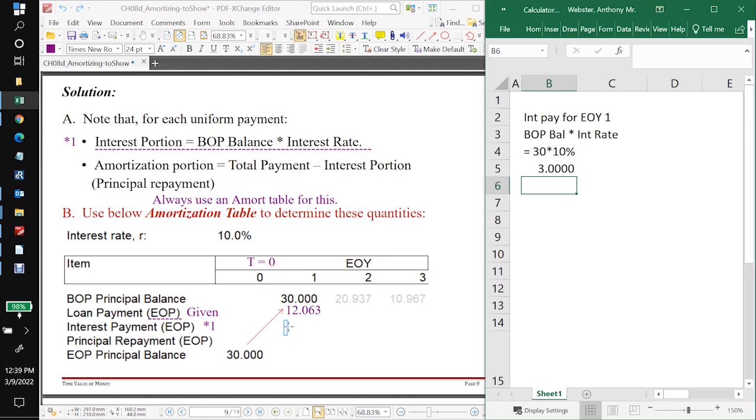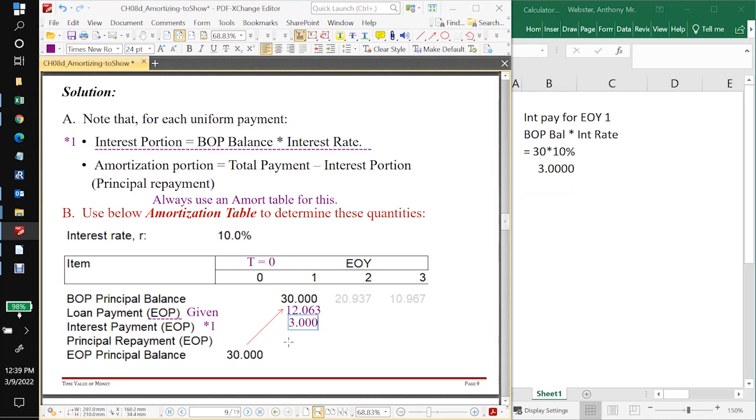All right, so our interest payment in this case is equal to 3. So let's put that in. Okay, and now our principal payment, again, we learned what that is up here. The principal repayment, or the amortization portion, is equal to the total payment minus the interest portion. So let's put a *2 up here to note that, and put that down there just to remind ourselves how we got it.